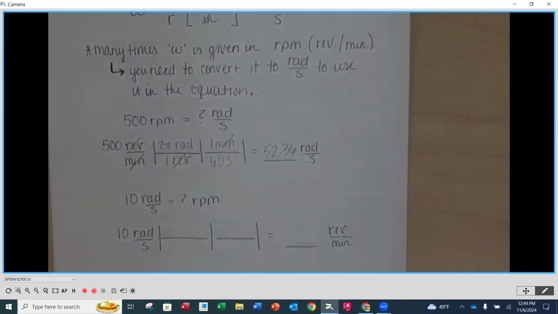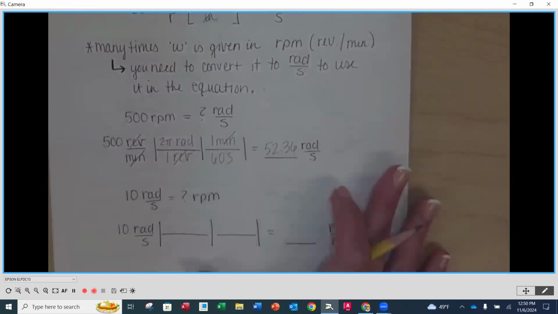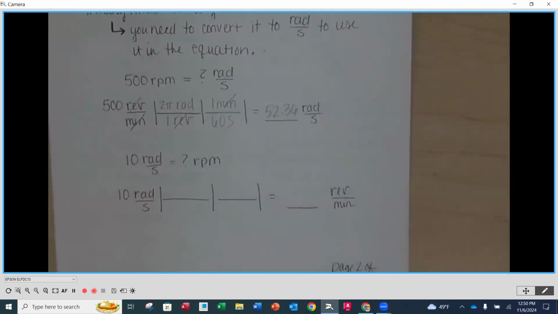Then let's do the one right down below it. We're going to do it in a different order though. This time we have 10 radians per second, and I want to determine how many revolutions per minute that is. I'm going to give you 30 seconds to fill that in. Not a race, but just fill it in first, and then we'll look at it together. See if you can get the right answer.